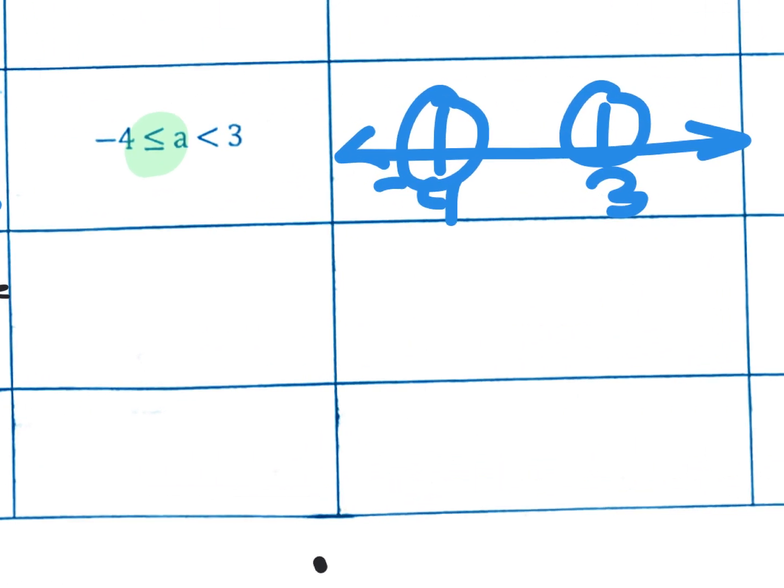So do I fill it in? Yes. So that coordinate will be filled in. It will be a closed circle because there is an equal sign there. What about the one that goes with the 3? Is there an equal sign there? No. So I'm just going to leave it open.